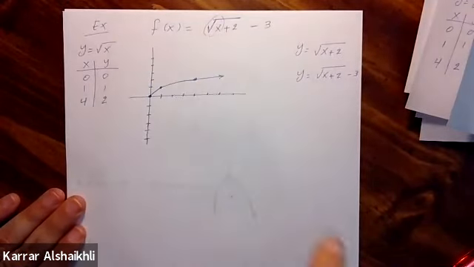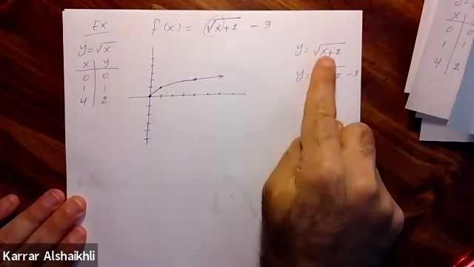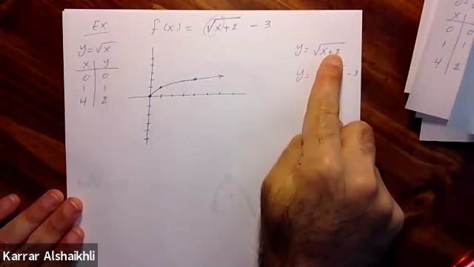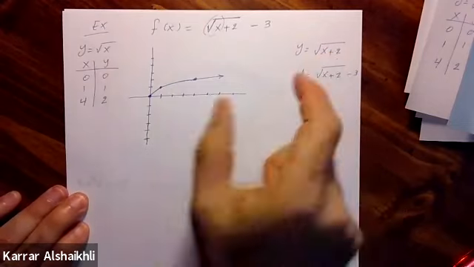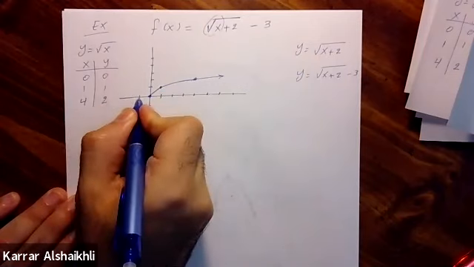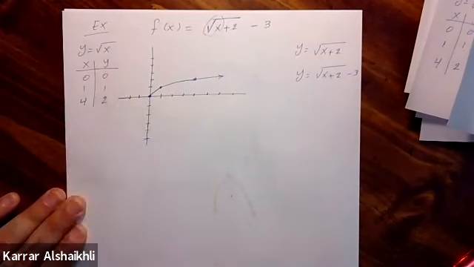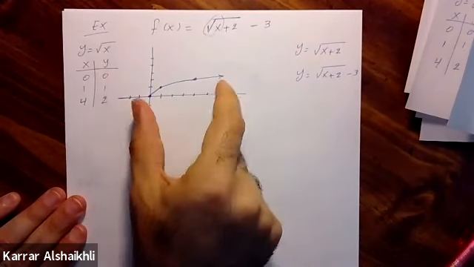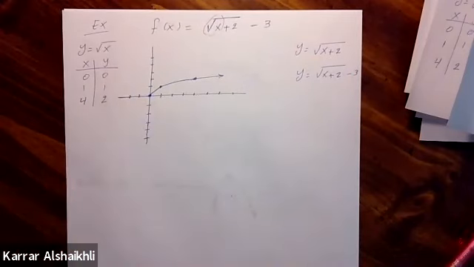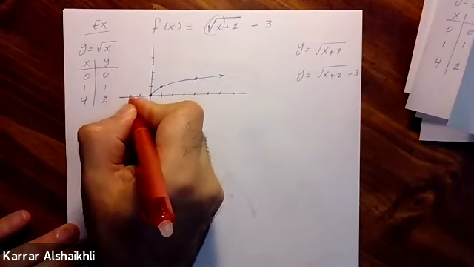Now, next step, we're going to graph the first technique, y equals x plus 2. That means we're going to move this graph 2 units to the left. We need to move this graph 2 units to the left. So I'm going to move each point. This one is going to be 1, 2, here.